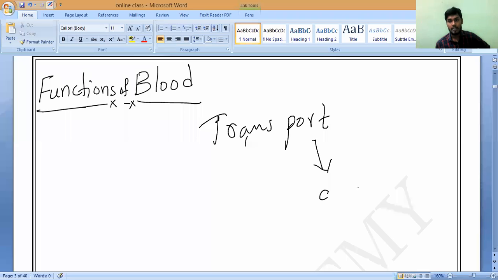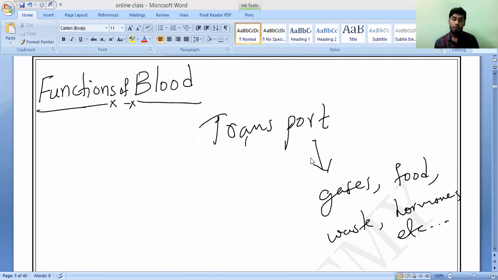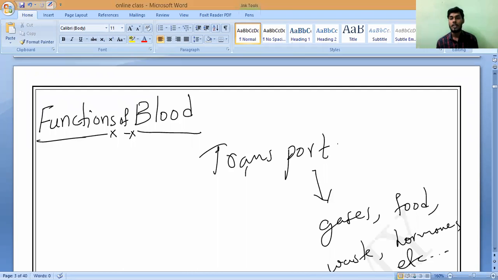Respiratory gases, digested food, waste products, hormones, etc. Everything carried from one part of the body to another part is done by blood. So one of the main functions of blood is transport of substances.